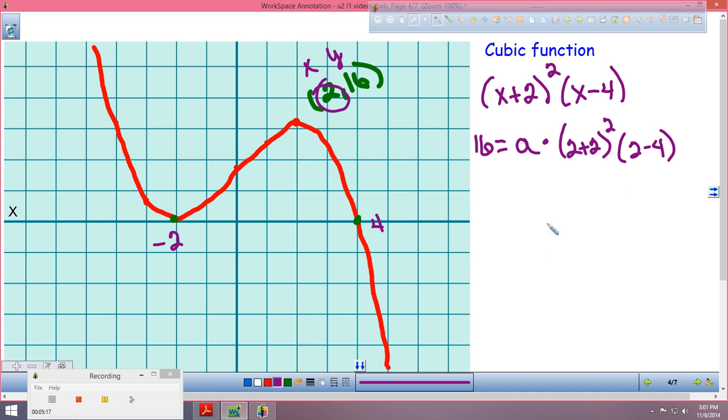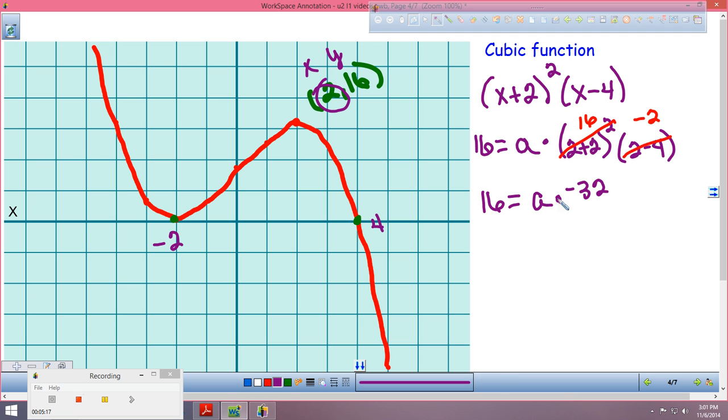Well, 2 plus 2 squared becomes 16. 2 minus 4 is negative 2. 16 times negative 2 is negative 32. So I have 16 equal a times negative 32.